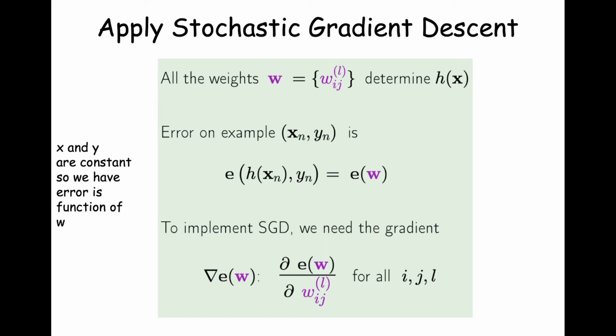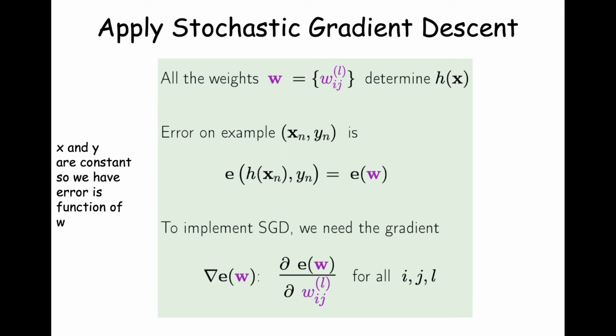And so if we look at our label instance pairs, xn, yn, the error on that example is the pointwise error evaluated on the hypothesis on that in-sample point, h of xn, the difference between that output for the hypothesis and the ground truth target function label.